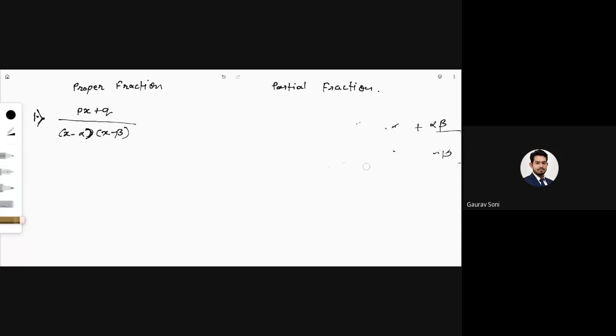Now this proper fraction, by using partial fraction, I can write as follows. If your equation looks like px plus q upon x minus alpha, x minus beta, then I can write it as a upon x minus alpha plus b upon x minus beta. A comma b are constants.